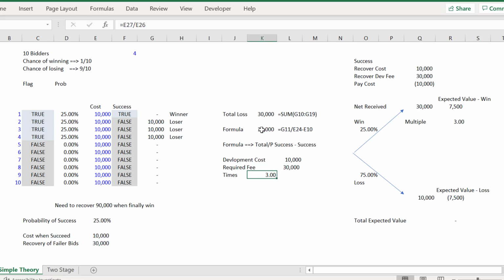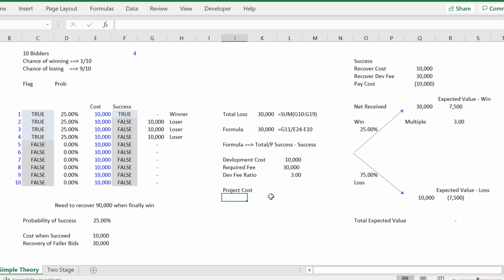And then this is the ratio. Okay, we need a development fee ratio. And we could also put in here somewhere the project cost.